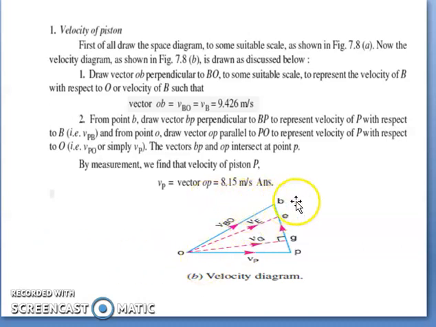Starting from B, this will be the direction of PB, and you know that OP will be along the horizontal line.